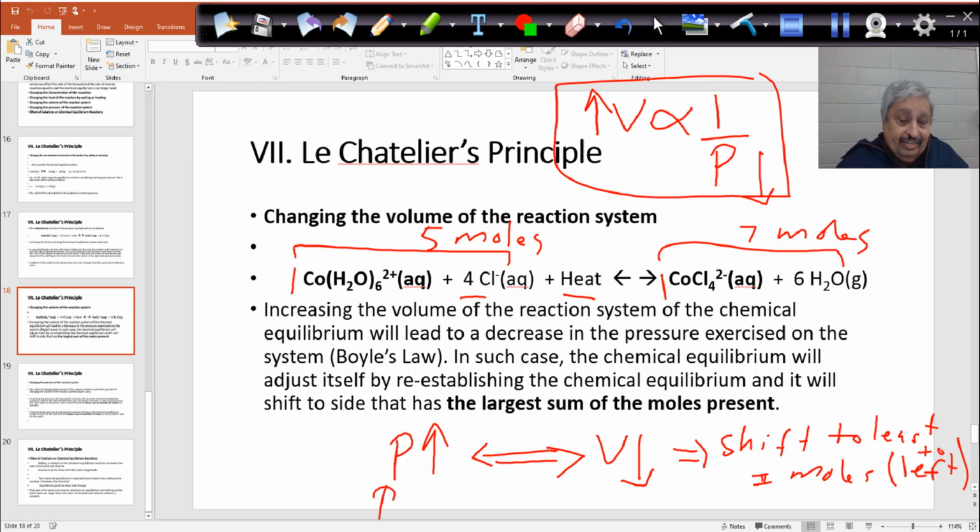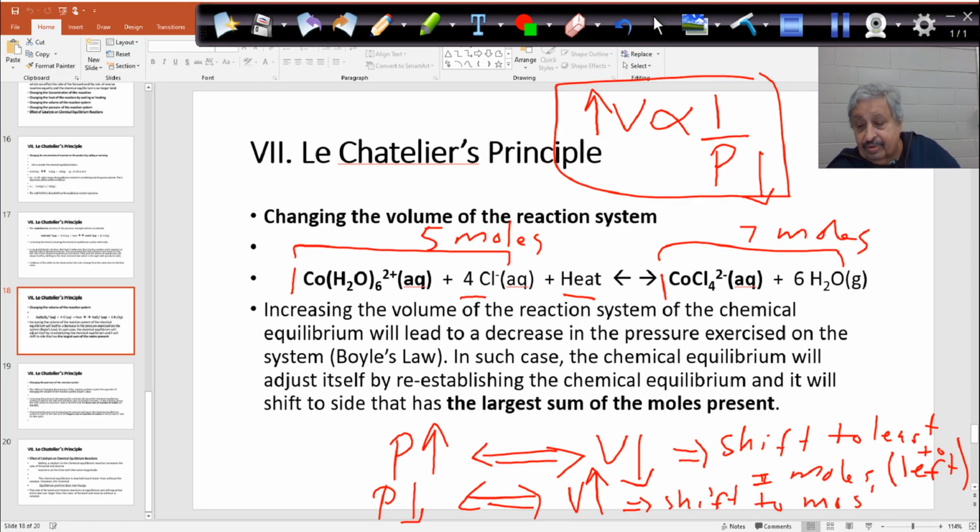If I decrease the pressure, meaning I increase the volume, then the shift will be to the most number of moles. To where? To the right.